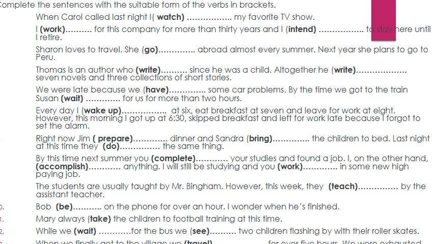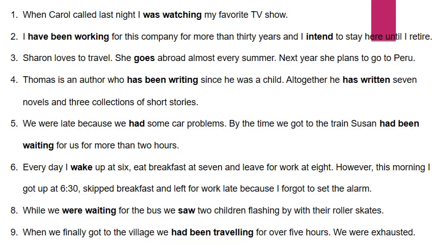So search for clues, such as time clues, to guide you to the correct form of the verbs. Here are some time clues, like when, last night, that guide you to the correct form of the verb.